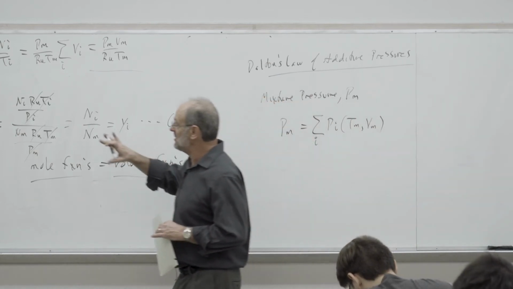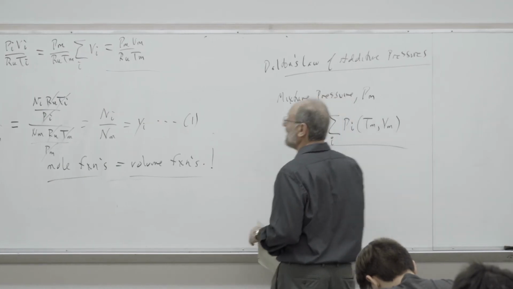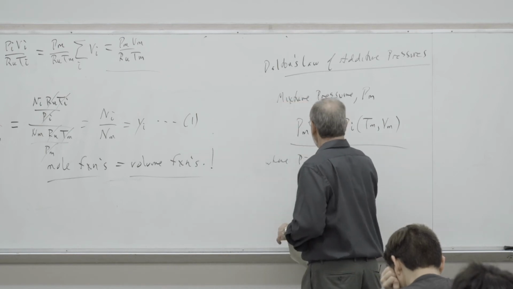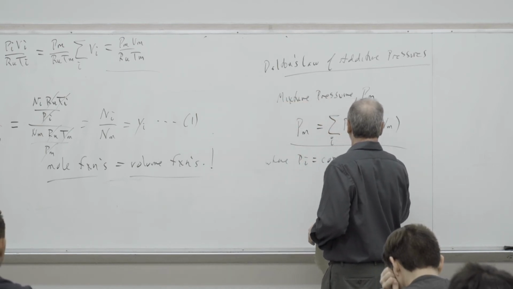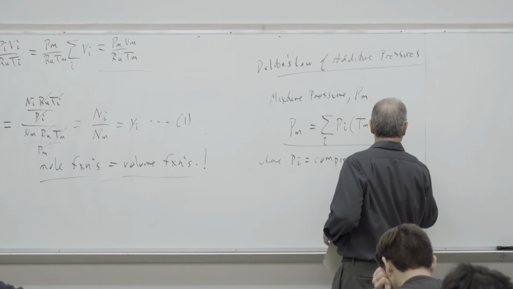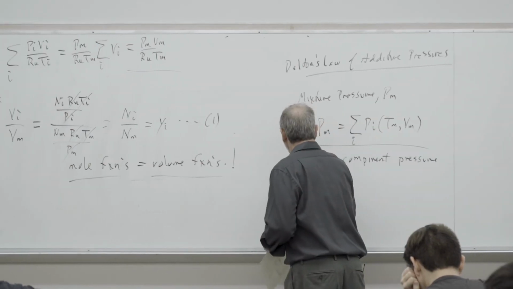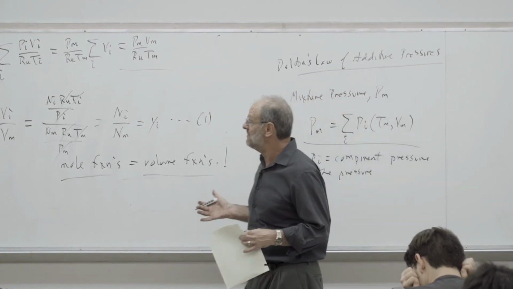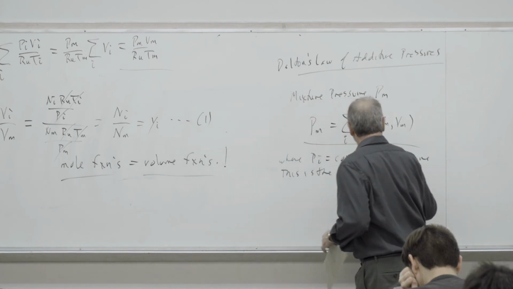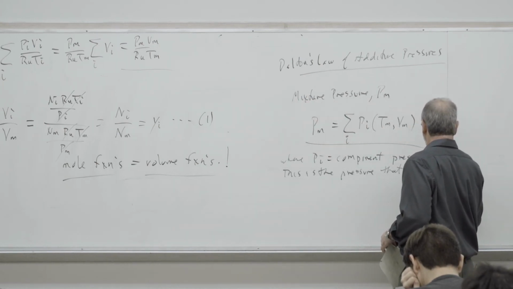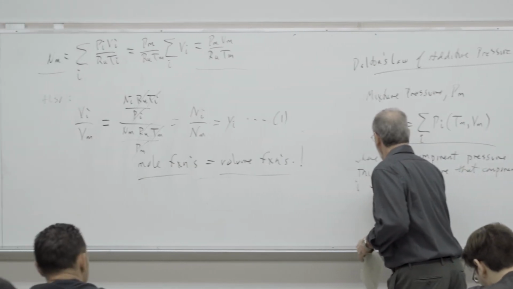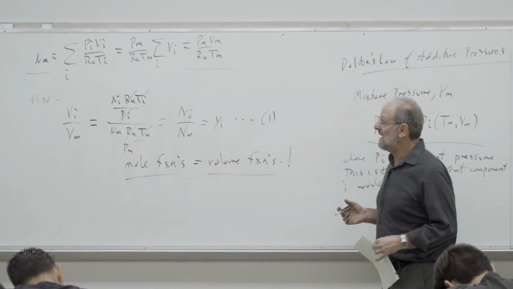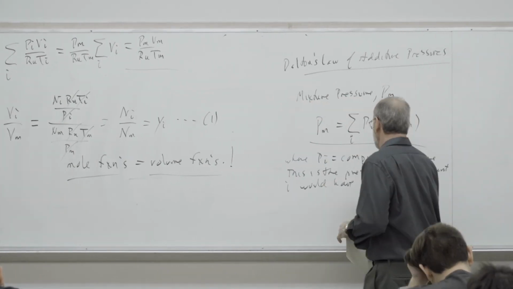Okay, so let me write it in words, just like I've done over here. So first then, where Pi is called the component pressure. Okay, and again, this is the pressure that component i would have if it existed alone at the temperature and volume of the mixture.